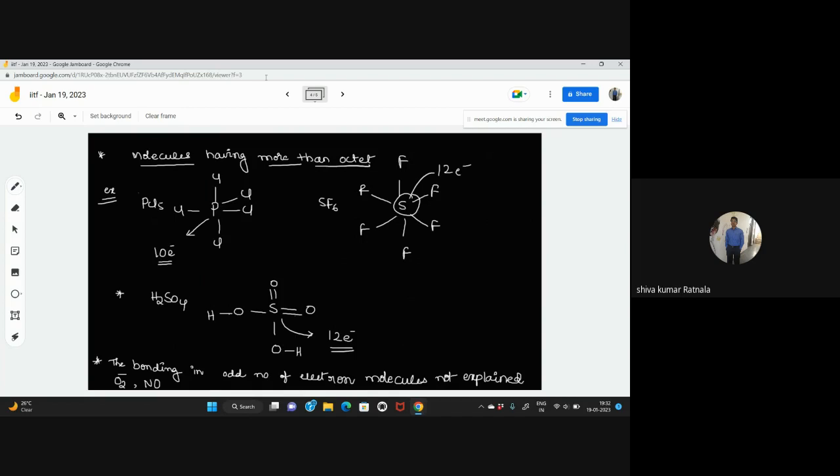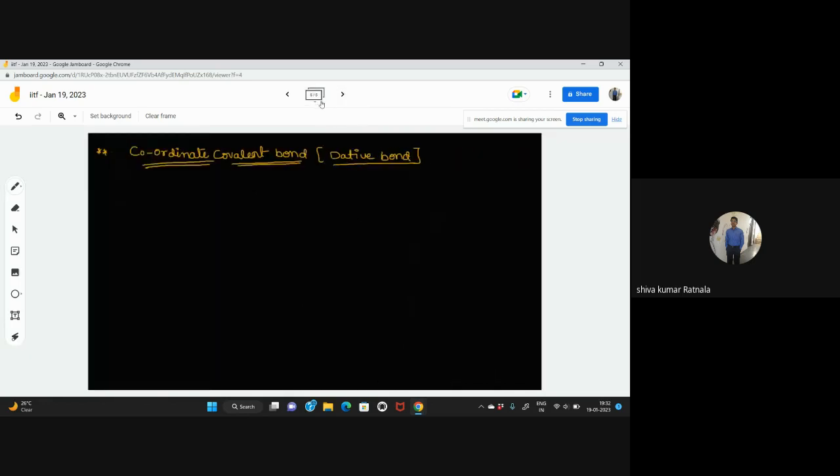Okay, students. So next one is coordinate covalent bond. Generally, how are we going to define coordinate covalent bond? What is a covalent bond? How will a covalent bond form?